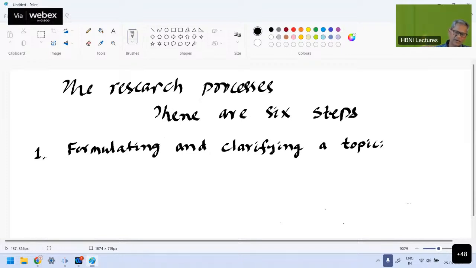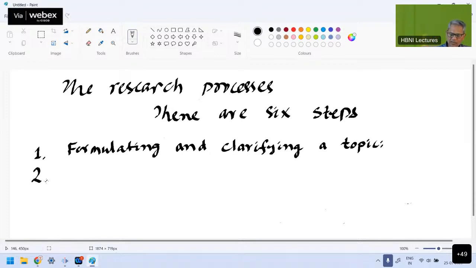And never take up a research topic just because your friend is doing it, or your classmate is doing it, or your parents have told you to do it. With that philosophy, never take a research topic. Find an area you are interested in. The final decision should be that it must interest you.